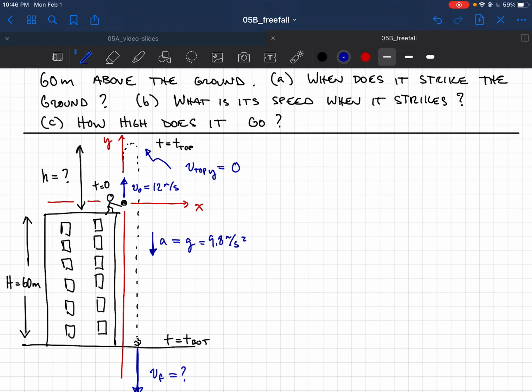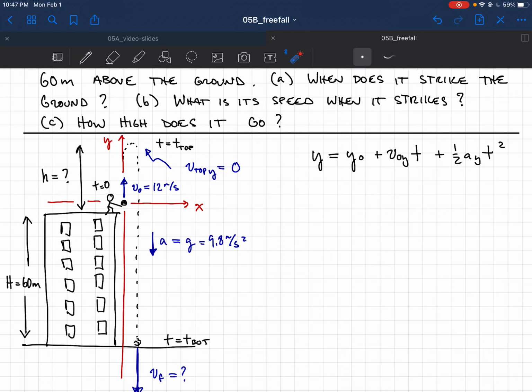So when does it strike the ground? Well, we're interested in a time, and we were given some distances, so maybe we can use this equation again. And how will we apply it?